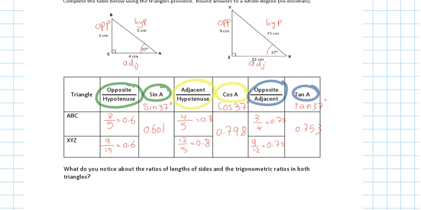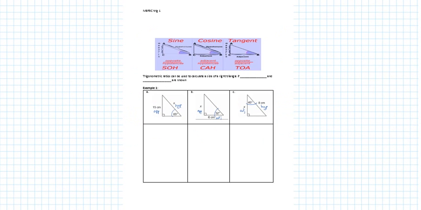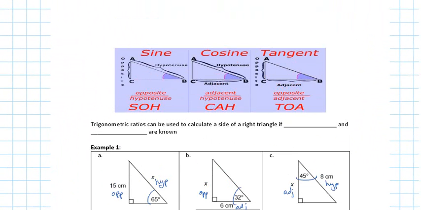If you've heard of SOHCAHTOA before, it's because it's an acronym: sine is opposite over hypotenuse, cosine is adjacent over hypotenuse, tan is opposite over adjacent. Okay? Remember that acronym.